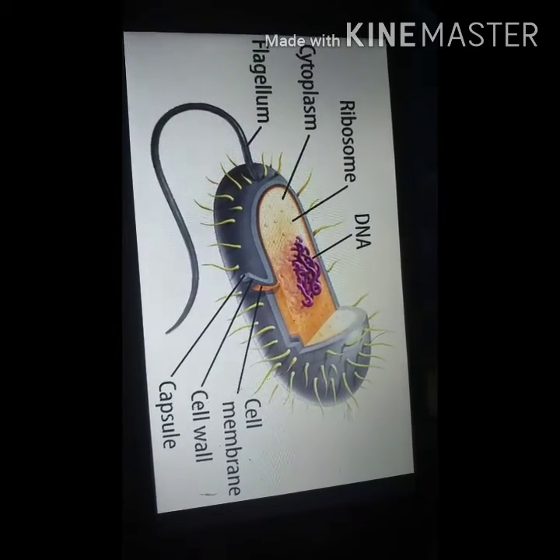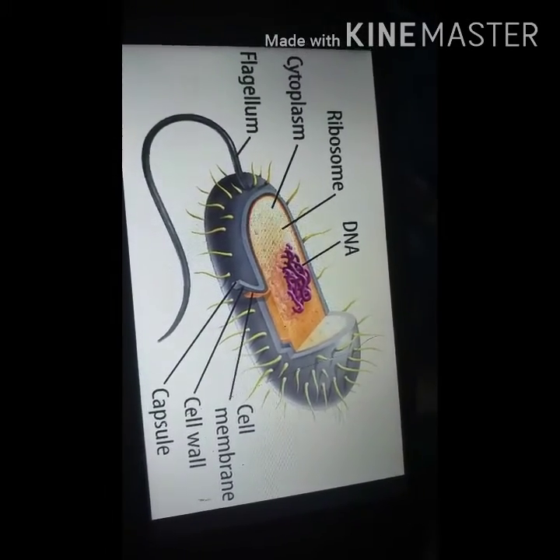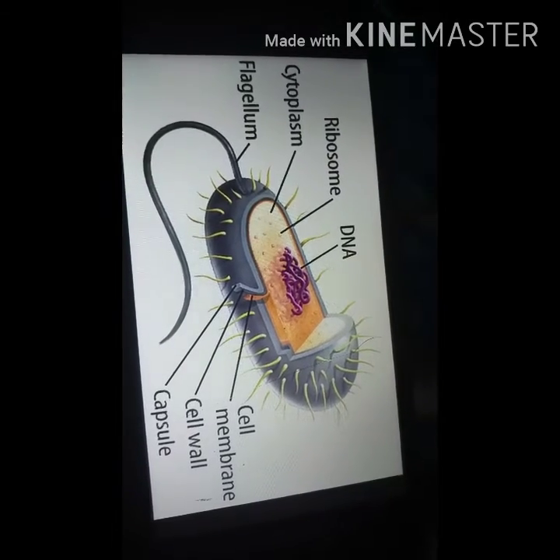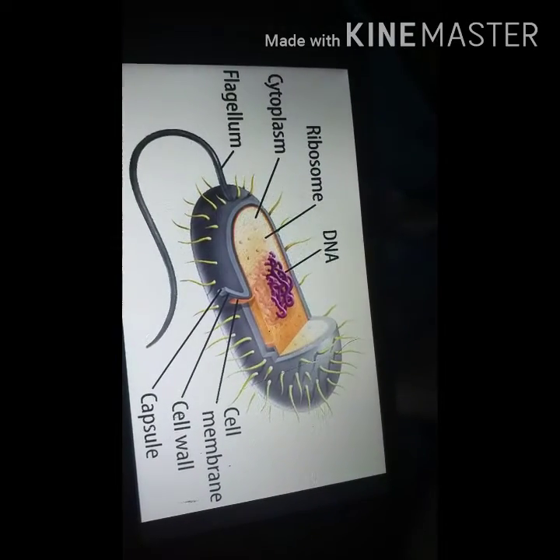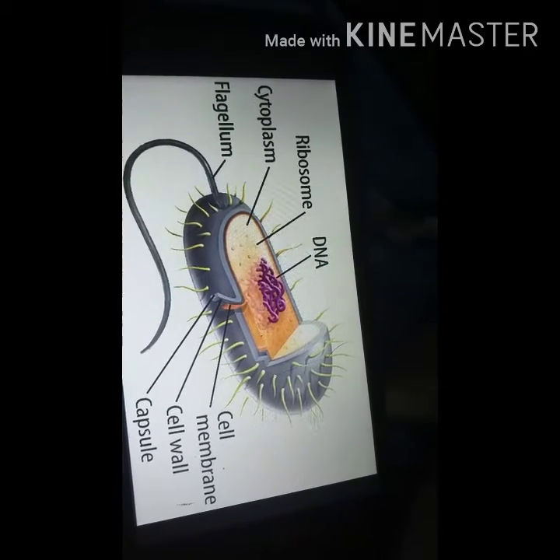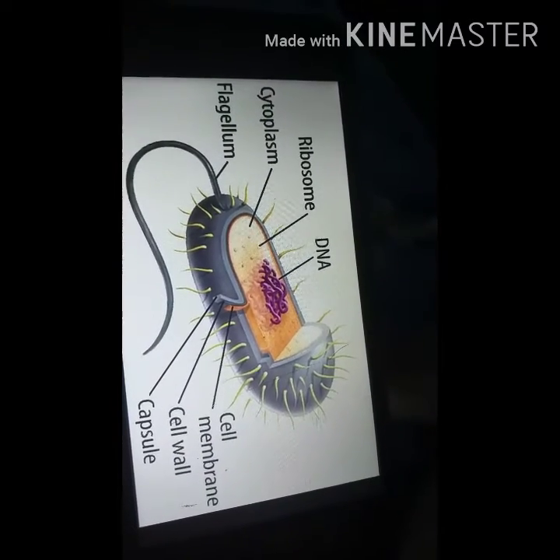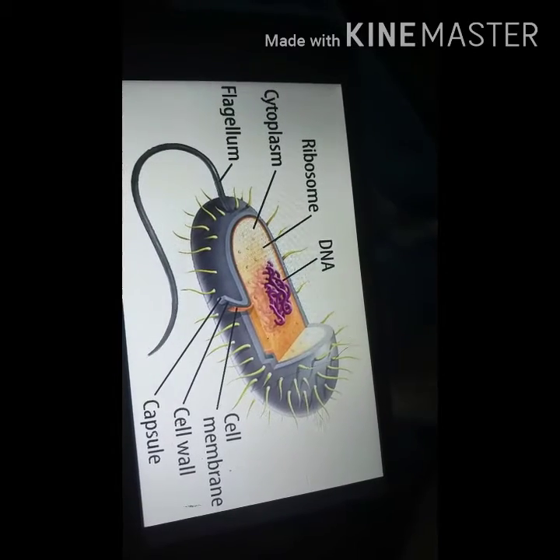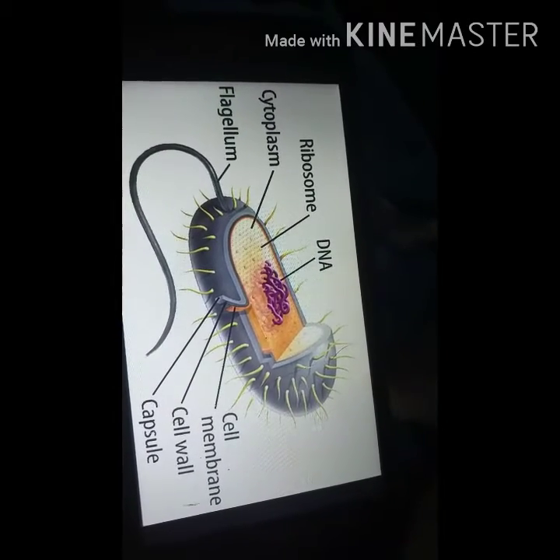Capsule, which is found in some bacterial cells. This additional outer covering protects the cell when it is engulfed by other organisms, assists in retaining moisture, and helps the cell adhere to surfaces and nutrients.